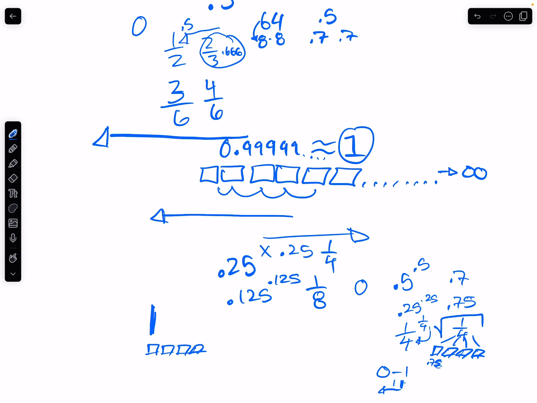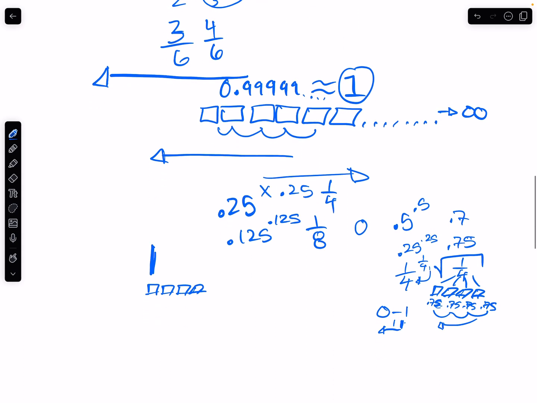So eventually it gets to 0.25, 0.75, 0.75, 0.75. So all these together have a reducing factor, but then when we do it infinite times, it gets bigger. When we do this infinitely, we need it to be 1.